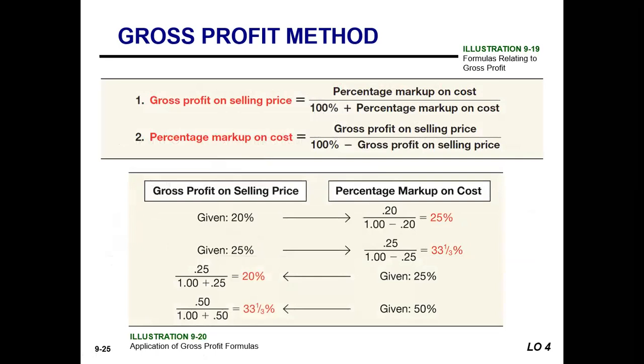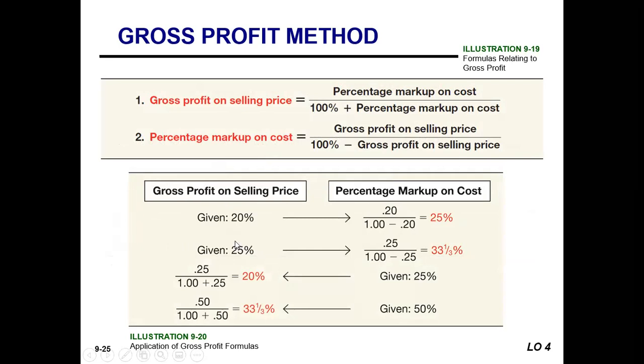All right, and then this is just showing us a couple other ways to calculate this, depending on what they're asking us for. Again, we'll get practice doing this as we're going through our exercises in our book, but it's not too bad if, for example, they give us gross profit on selling price.